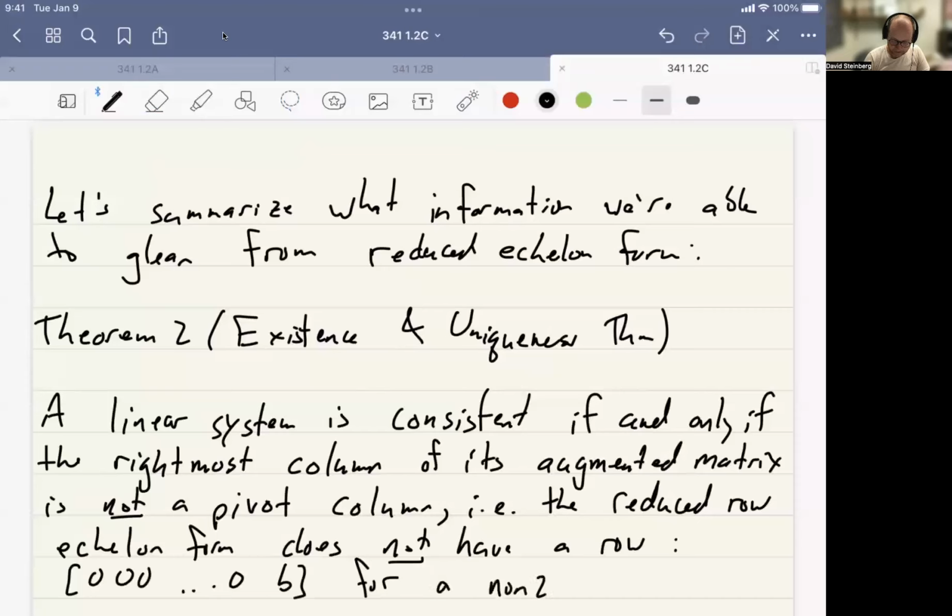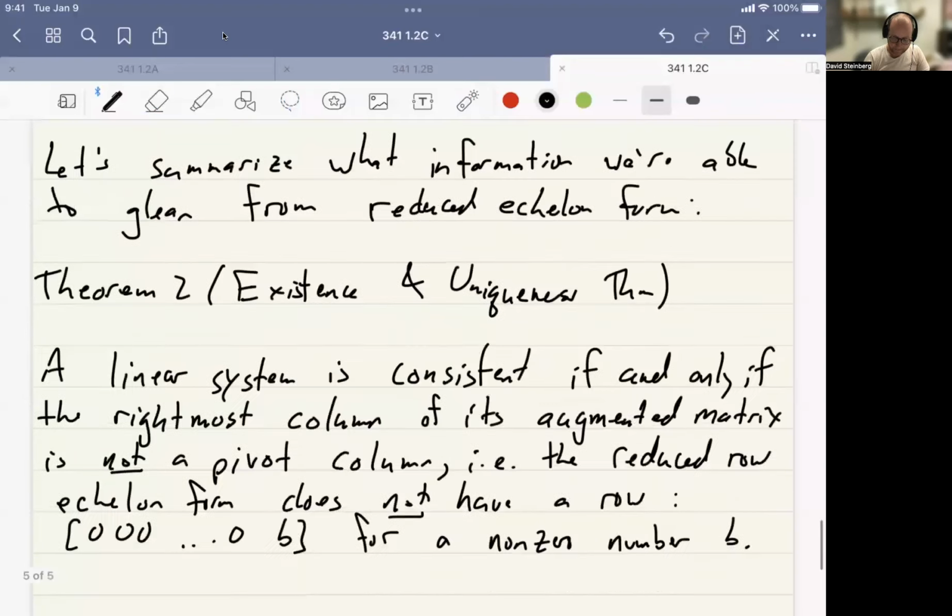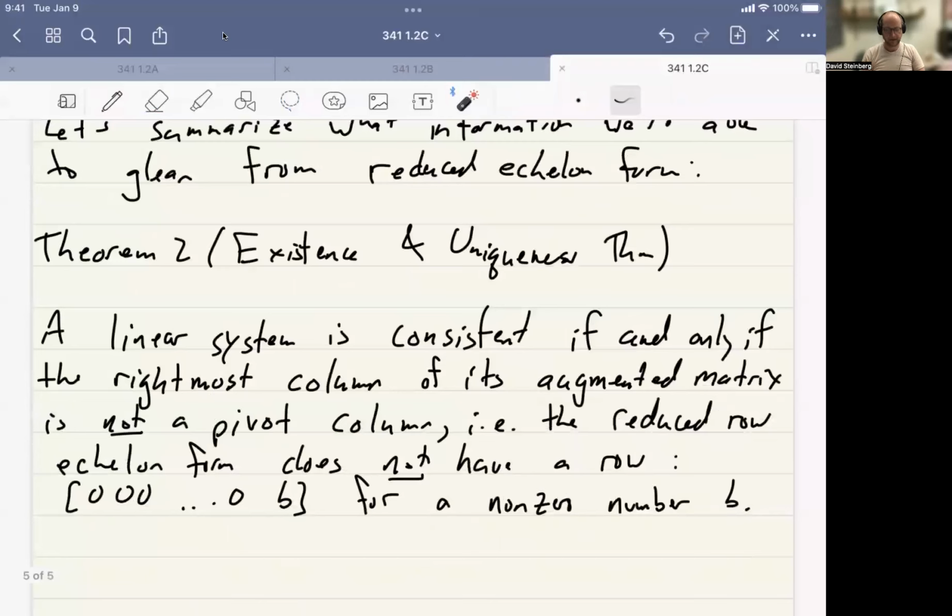So for a non-zero number b, right? We saw in a previous video, if you have a row like this, this means 0 is equal to b. Like no x1s and no x2s all the way up to no xn is equal to b. So 0 is equal to b just isn't true if b is non-zero.